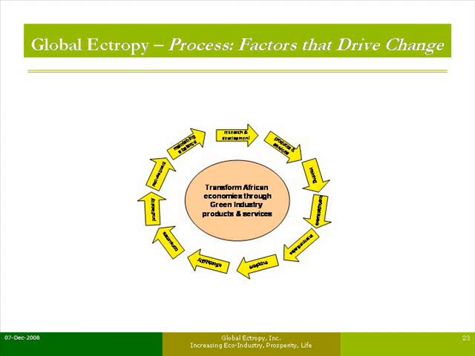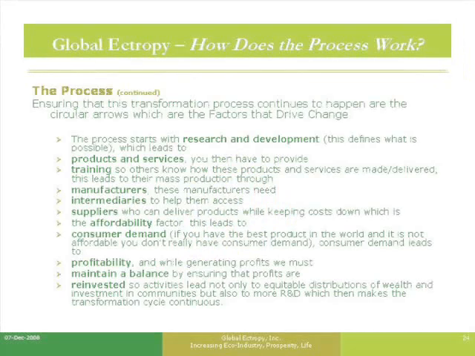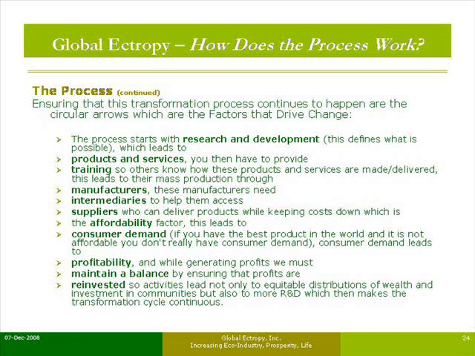The process starts with research and development. This defines what is possible and leads to products and services. You then have to provide training so others know how these products and services are made and delivered, and this leads to their manufacturing through manufacturers, and these manufacturers need intermediaries to help them access suppliers who can deliver products while keeping costs down, which is the affordability factor, and then this leads to consumer demand, and consumer demand leads to profitability.